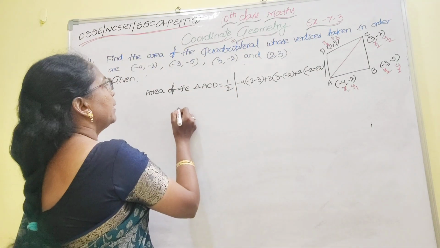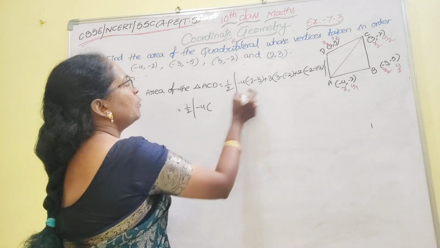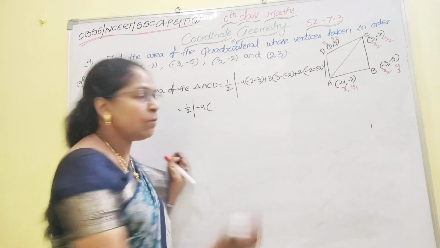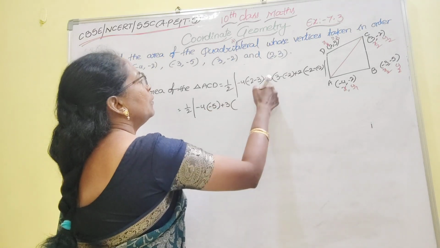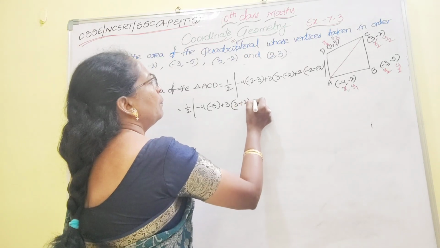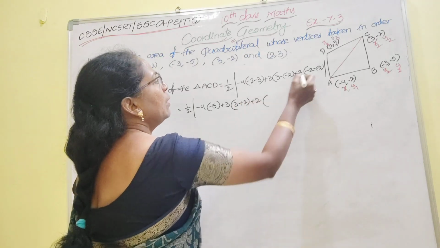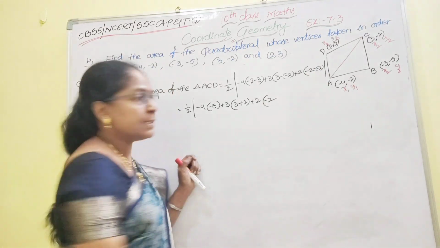Now that equals half modulus of -4 into -2 minus 3 equals -5, plus 3 into 3 plus 2, plus 2 into -2 plus 2.